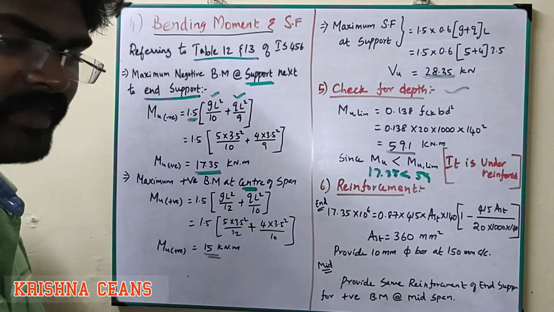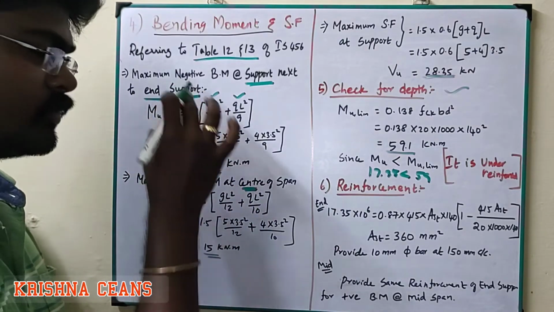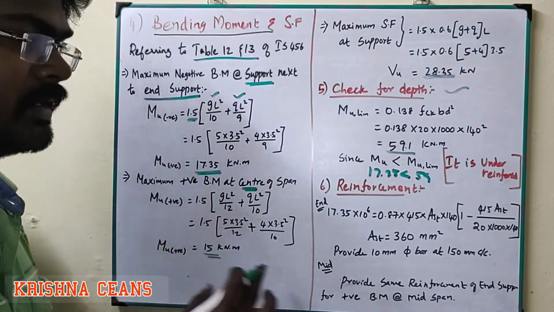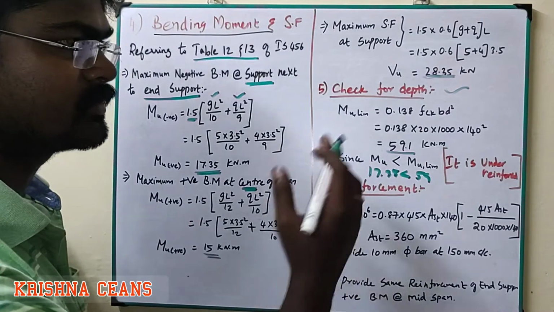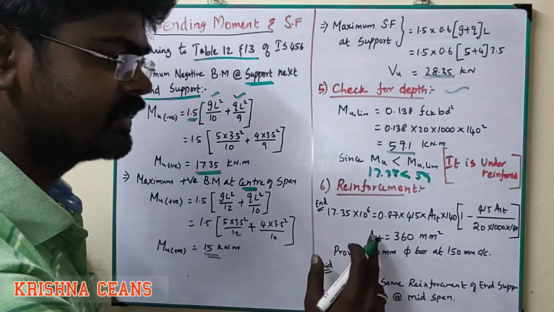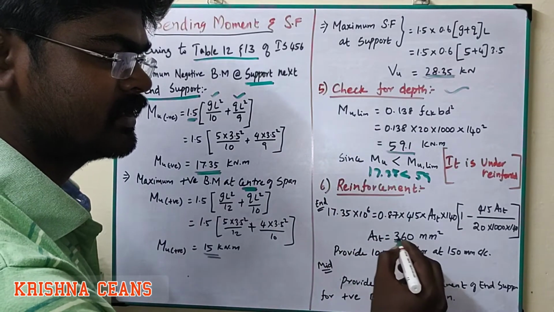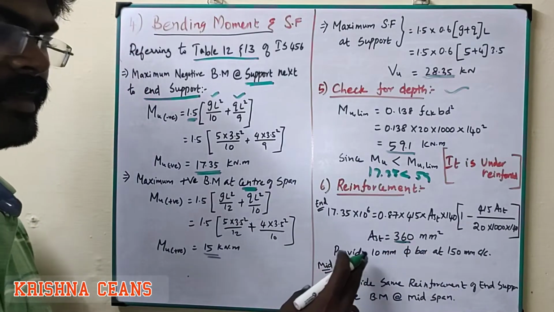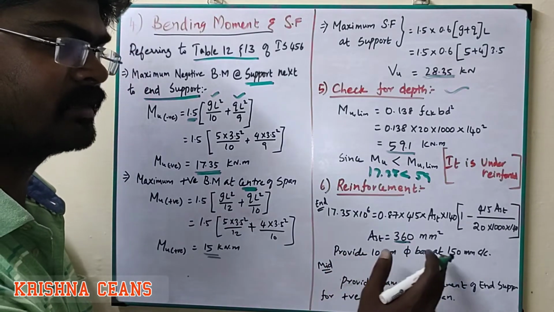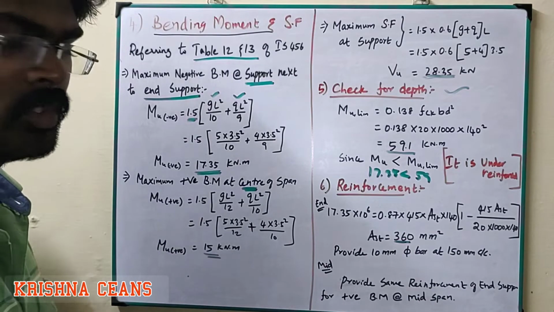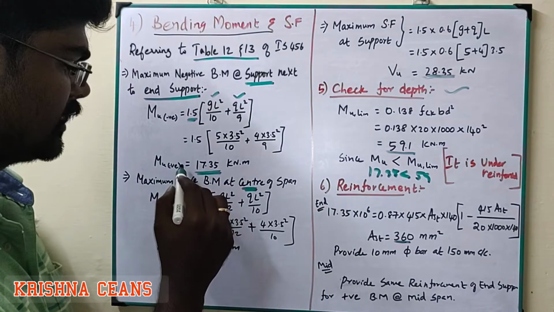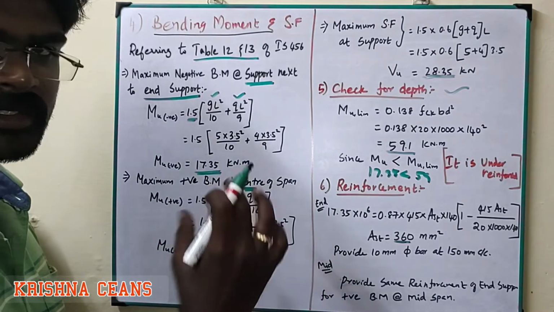So next we will provide the reinforcement for the end support as well as the mid span. So for the end, substituting in the moment formula, we get Ast of 360 mm square. So we need to provide at least a 10 mm dia bar. So 10 mm dia bar at 150 mm center to center at the support. Here the negative bending moment and the positive bending moment are more or less equal.